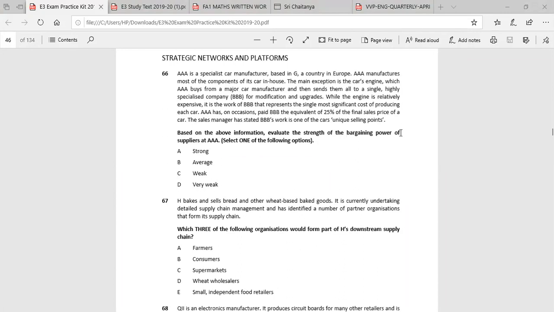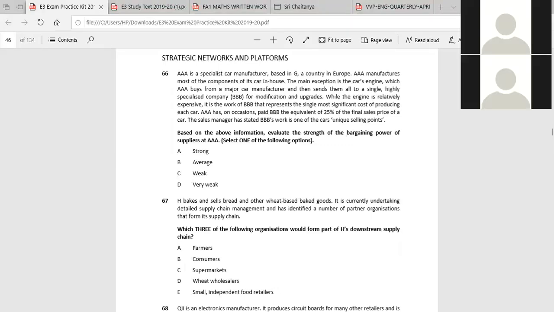Based on the above information, evaluate the strength of the bargaining power of suppliers at AAA. In fact, this should have been included in the previous section where we discussed Porter's five forces model.